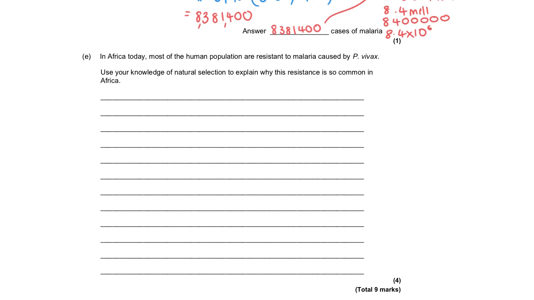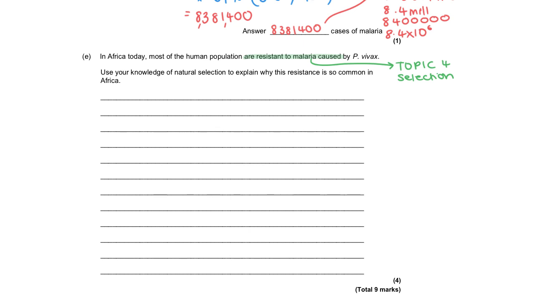Now, our final question for this one is, in Africa today, most of the human population are resistant to malaria caused by P. vivax. And now, automatically, I'm thinking straight away that I've seen resistance in topic 4. Okay, and in topic 4, we had a look at selection.